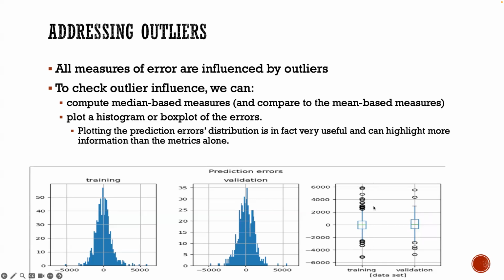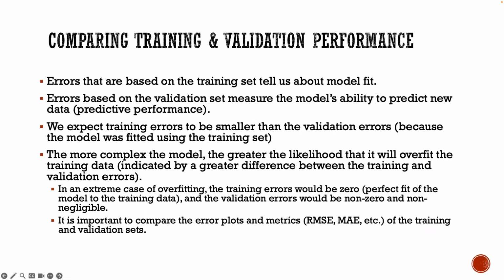So this is a way you are trying to compare not among models, but between two different data sets. One is the training set and the other is the validation set for a given data mining model. That's the comparison that is often very important, because the errors based on the training set are only telling us how well the model fits the data, which is not useful in data mining and predictive modeling, because that's something which we do in explanatory modeling, in regression used in statistics.